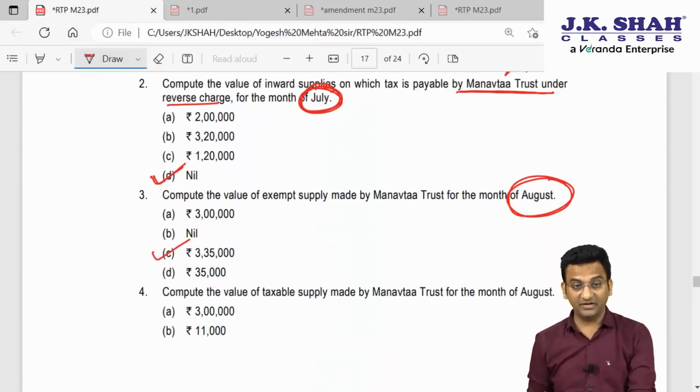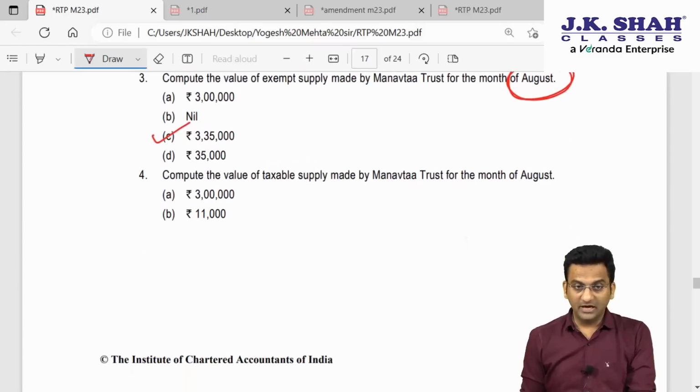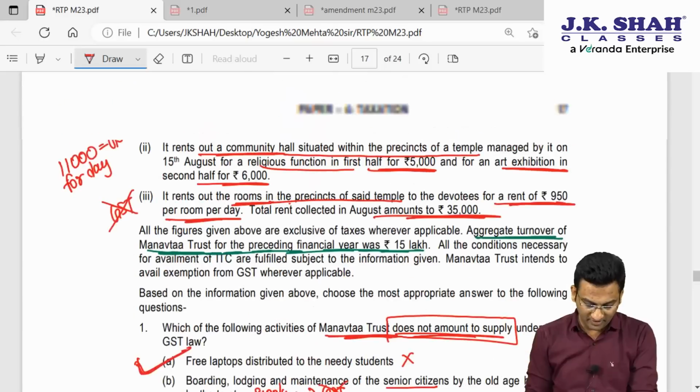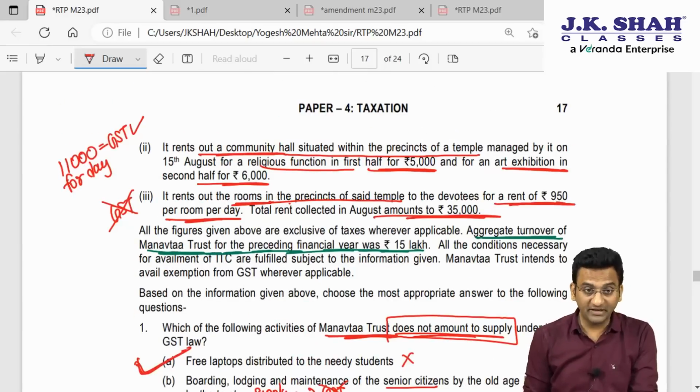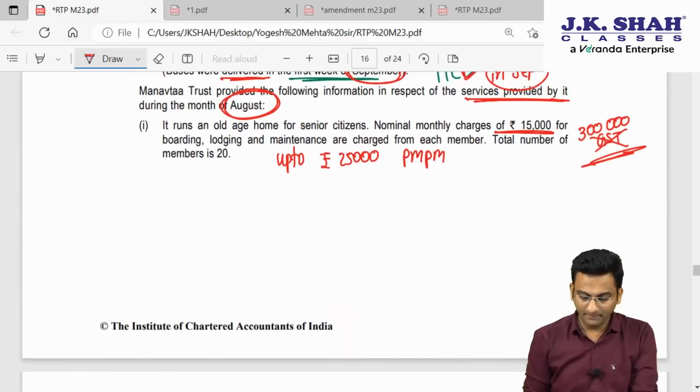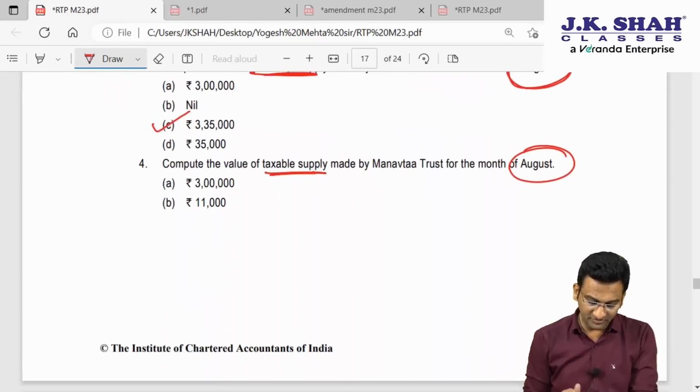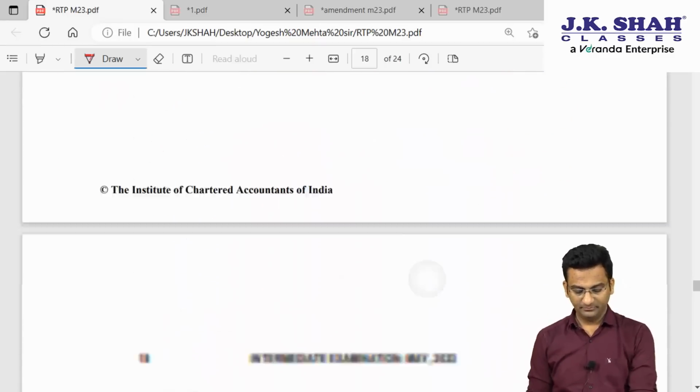Then compute the value of taxable supply. Earlier it was exempt supply, now taxable supply for the month of August. Only one transaction was there, 11,000. The first was exempted. So the answer will be 11,000.